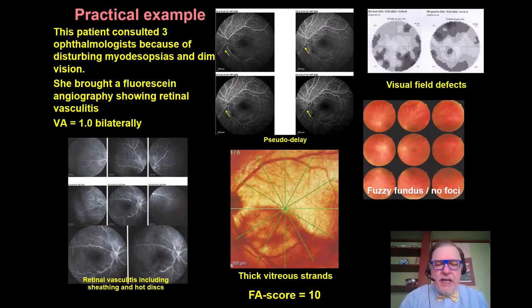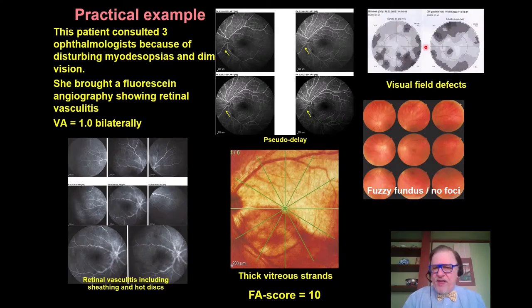Here is a practical example of a birdshot case with retinal vasculitis. You have the thick strands here. There is a fuzzy fundus with no foci yet. There is pseudo-delay. There is a vitreous field defect, which, by the way, you will find, even if it's not very pronounced, in 100% of birdshot cases.